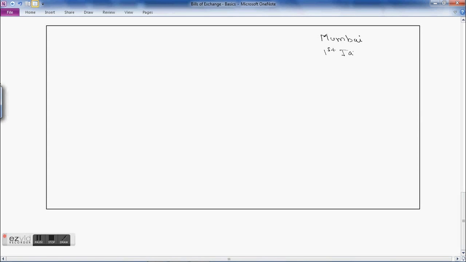The date was 1st Jan 2017. Then again stamp, and then the amount was how much? Rupees 1 lakh.